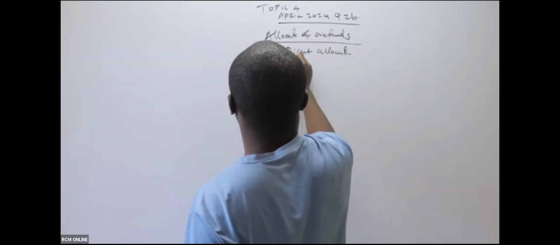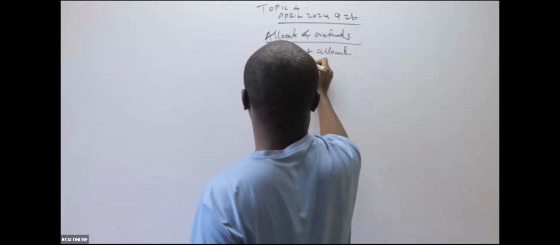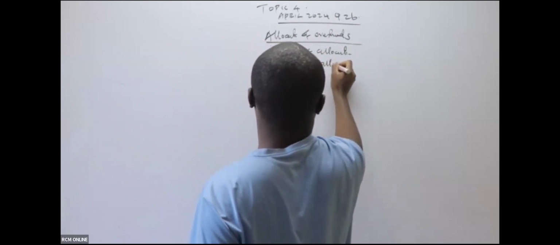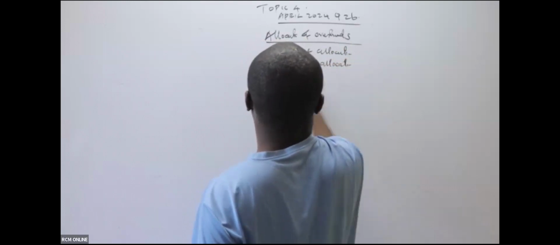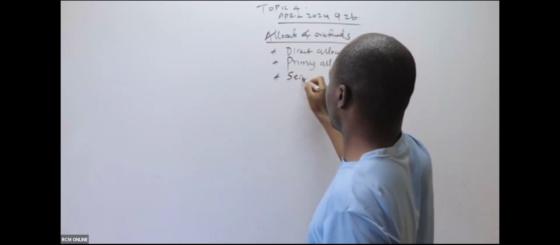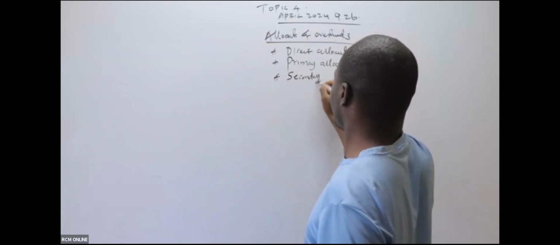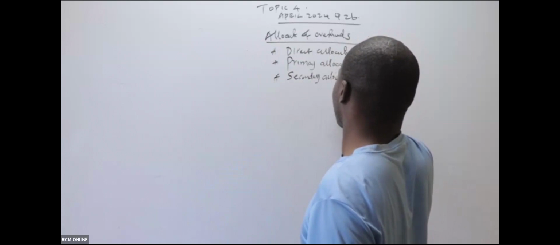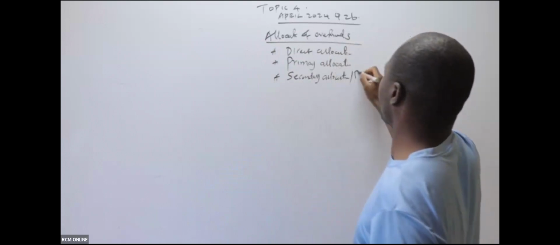We'll be doing what we call primary allocation. And of course, the last one will be secondary allocation, which we normally call reapportionment of overheads.